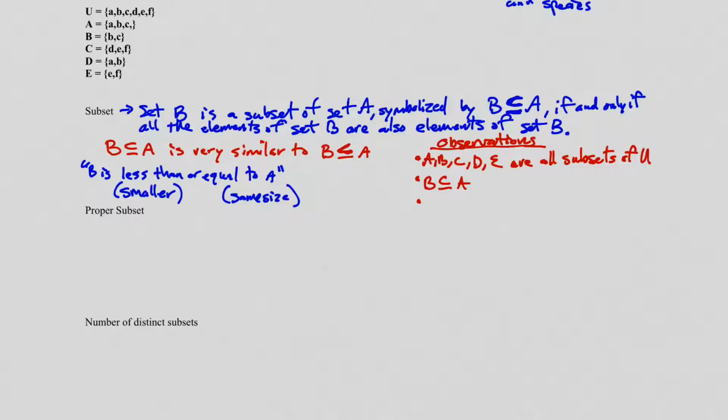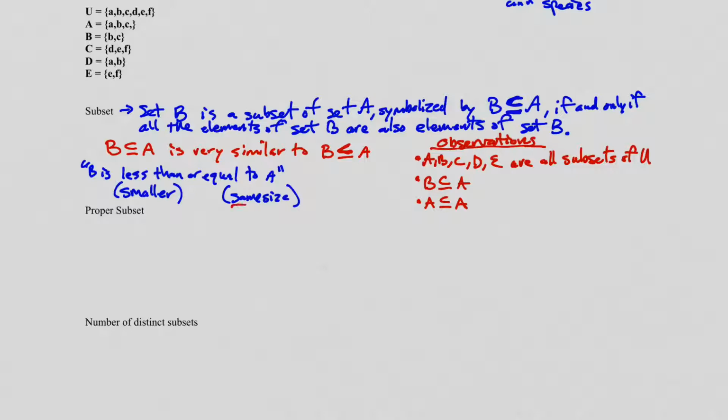We can also see that A is a subset of A. How is that possible? Because there's an equal sign here, and that equal sign under the symbol, which is tied to the subset definition, means it can be equal to.